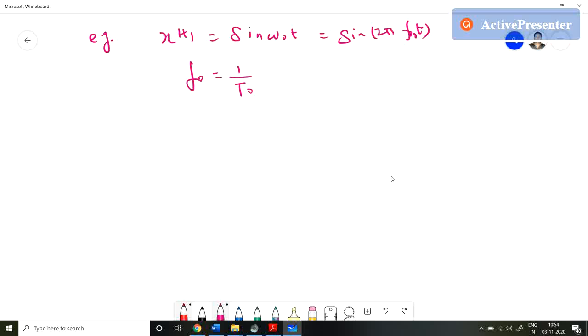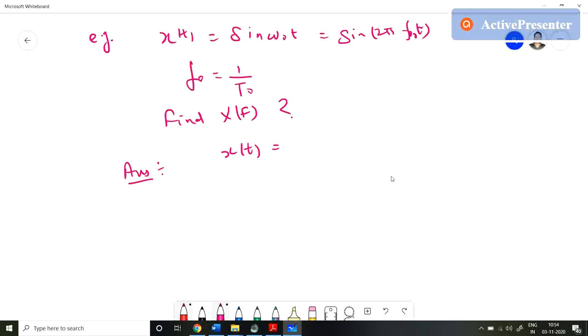Let us find the Fourier transform of sin omega naught t. So x(t) is sin omega naught t, which we can write as sin 2 pi f naught t. Here f naught is 1 divided by T naught, and T naught is the time period. Find X(f). Again, for this type of problem we can write it in exponential form.